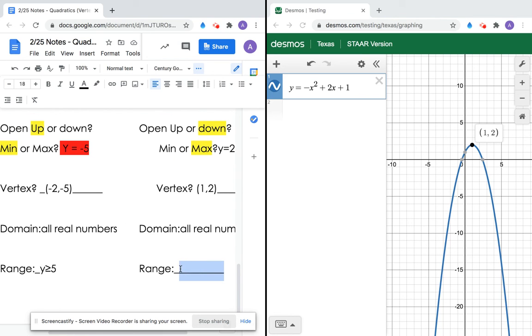That value comes from the y value of your vertex. So y is less than or equal to, and make sure it's equal to, because it's including that y value, +2. Now you can go ahead and complete the following slide on your own.